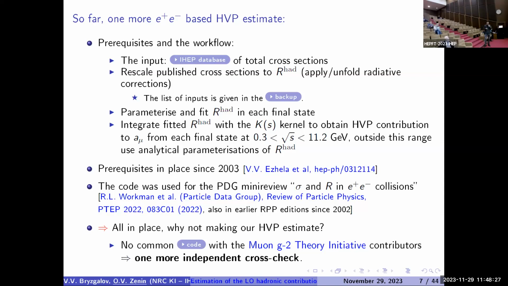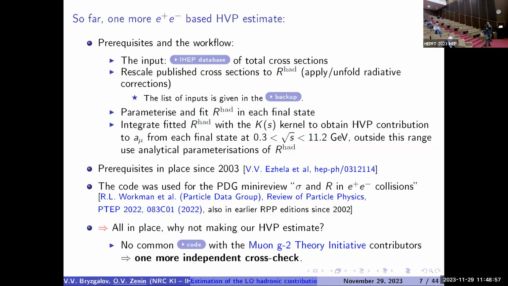So having all those things in place, we just decided to utilize our database for something useful. And the g-2 dispersive estimate is an example of a useful thing that can be obtained for free using our prerequisites.